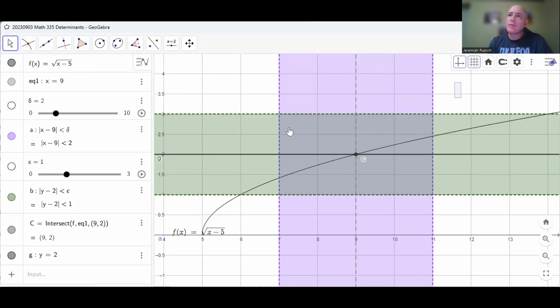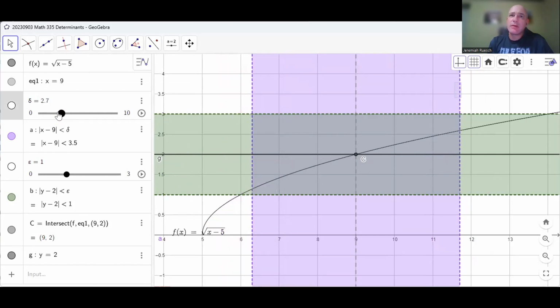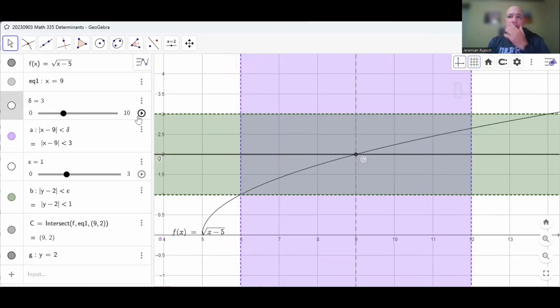And so what width do we have to create? Well, if we choose delta equal to 3, look what happens. You'll notice that the side of the box comes down to the intersection point here at 6, and at the minimum value of the limit, aka epsilon equal to negative 1, down here. So that forms the lower left-hand corner of our box. And that happens to be the minimum distance that we need.